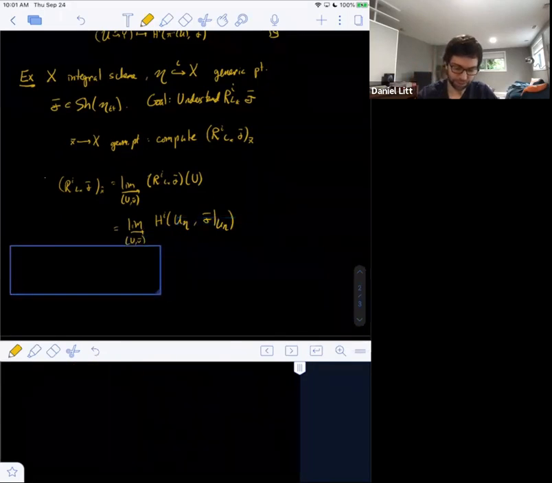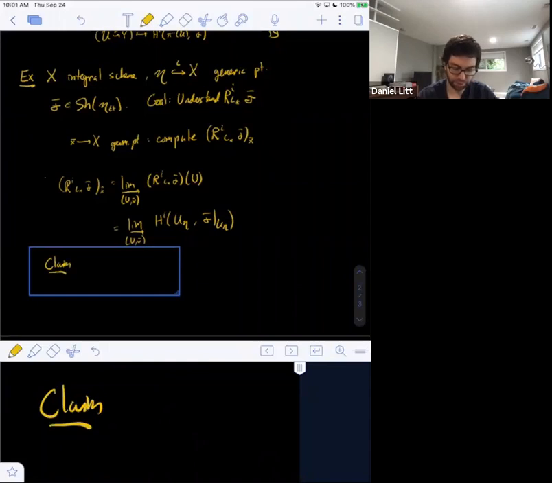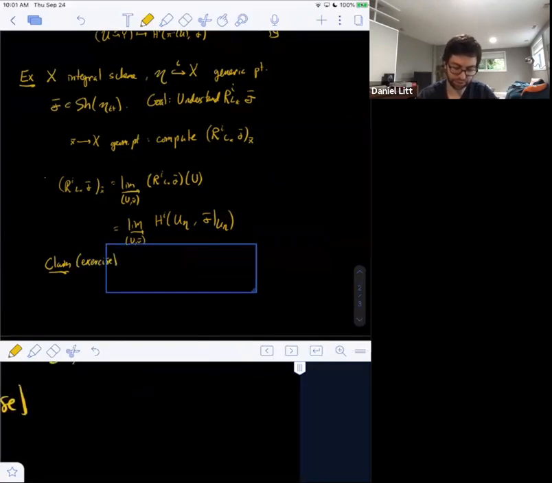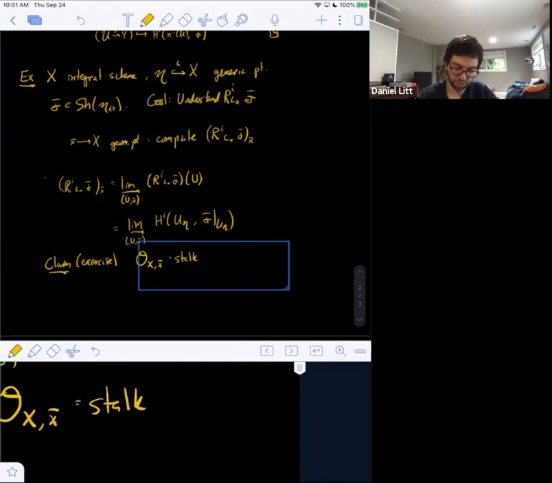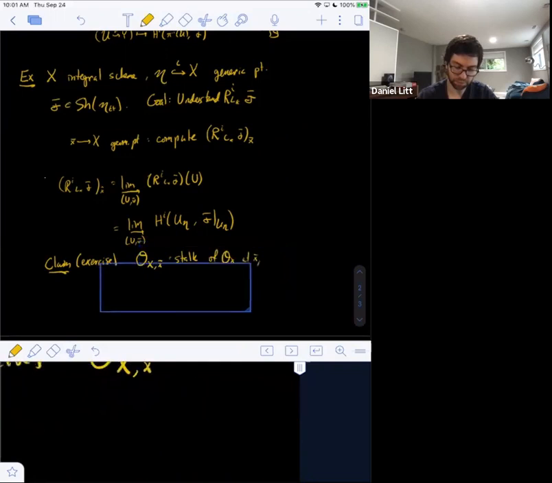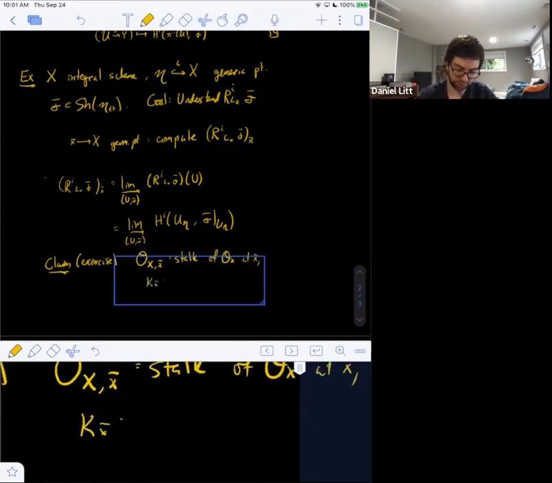Okay, and then the claim, and this is really just an exercise in unwinding definitions. So this is an exercise, and you should do this exercise, is that, let me define O_{X,x bar} to be the stalk of O_X at x bar, and then K_{x bar} to be the fraction field of O_{X,x bar}.